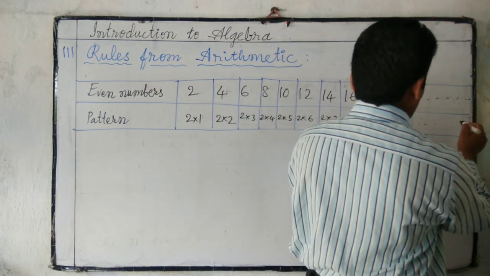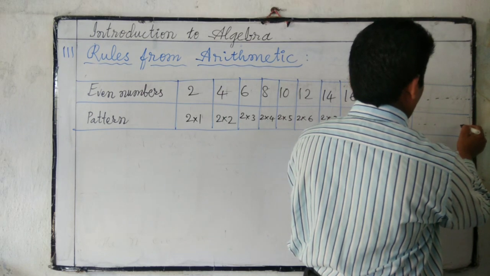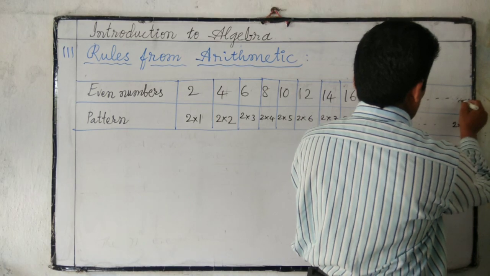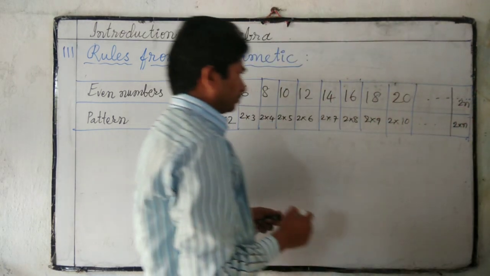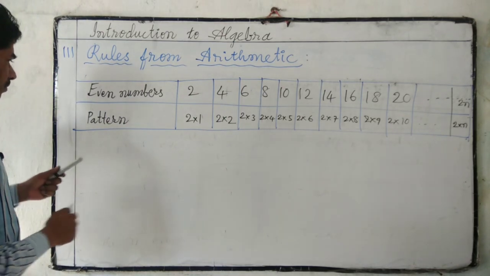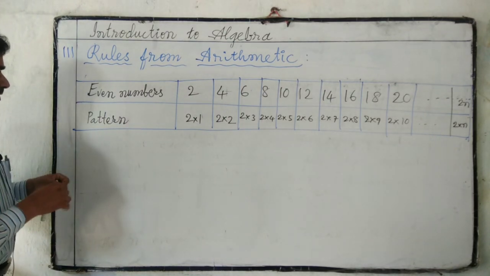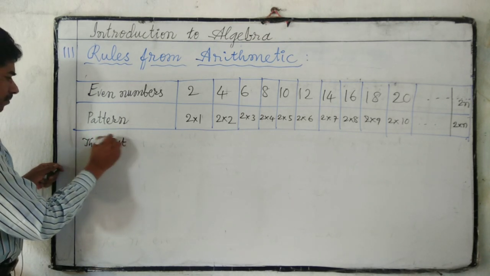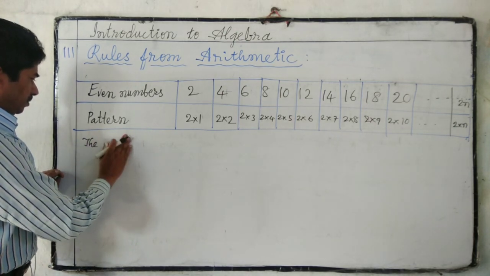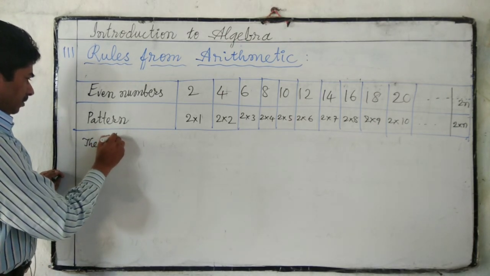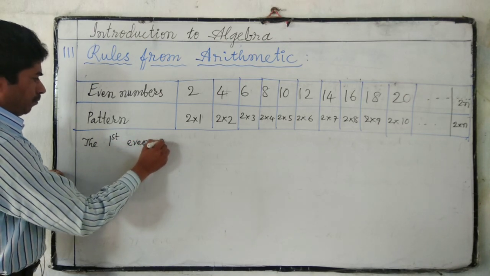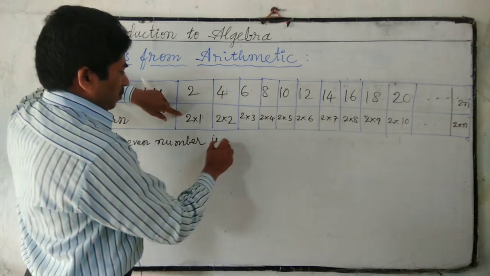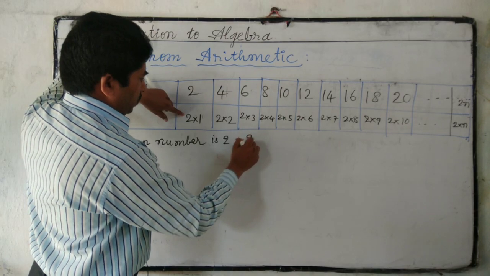The nth even number is 2 into n, 2n. The first even number is 2, we can write it as 2 ones are 2.